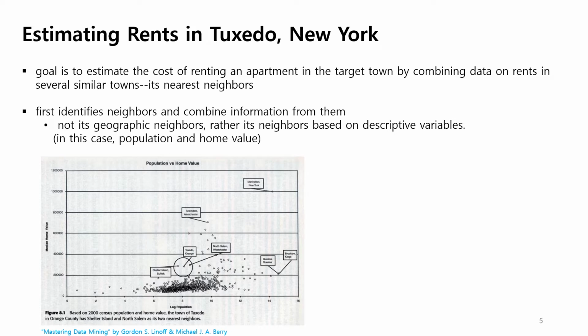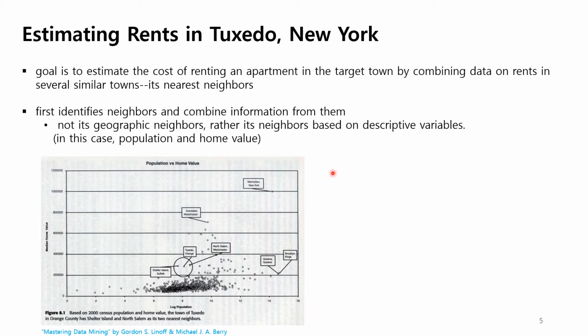I'm going to explain the mechanism of instance-based learning by using an example here. The goal of this example is to estimate the cost of renting an apartment in the target town called Tuxedo in New York State by combining data in other towns.